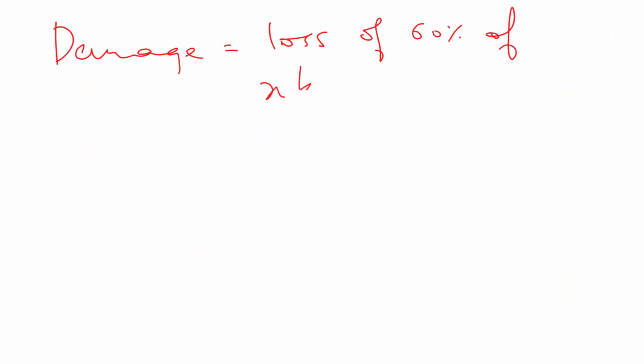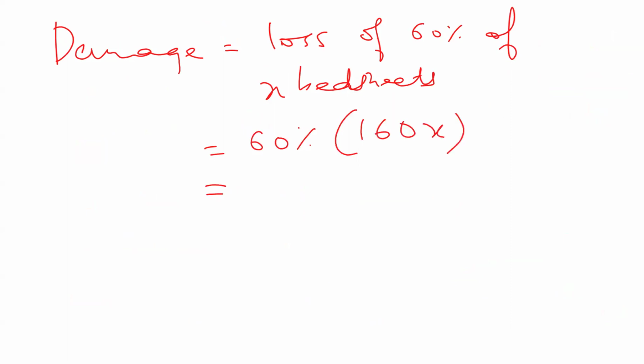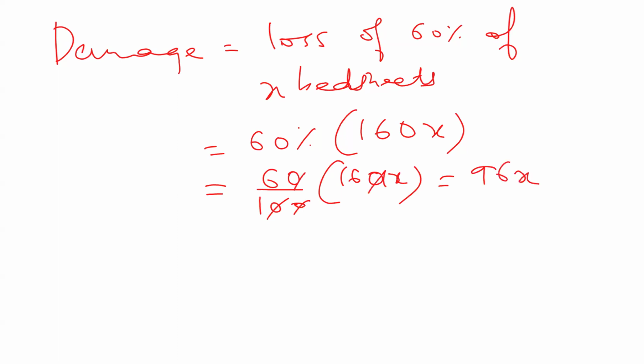So damage is equal to loss of 60% of x bed sheets. So 60% of 160x, 60 upon 100 times 160x. So this will give me 96x. So this is the damage.